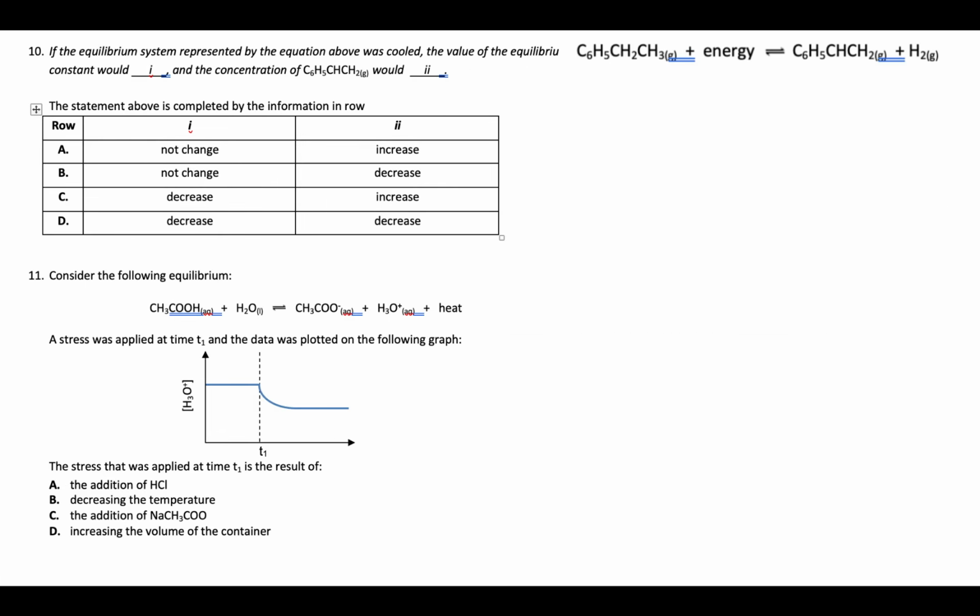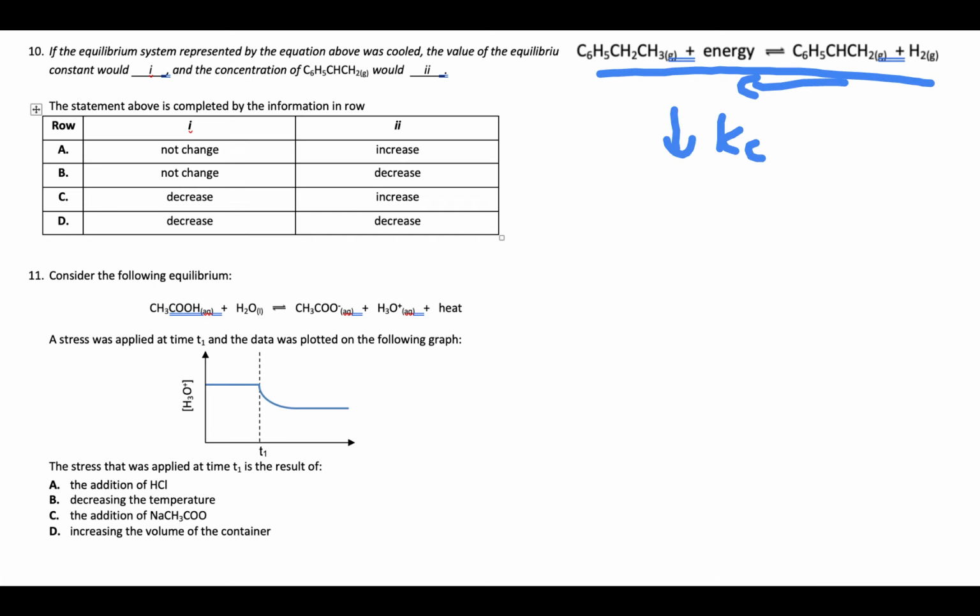Looking at number 10, it is a continuation question with that same reaction we were looking at. It asks, if you cooled the system, what would happen to the equilibrium constant? Cooling the system would have it shift to the left, making more reactants. The reminder is temperature is the only thing that can affect Kc. Any other shift would not change Kc, but because it's a temperature change, we are shifting towards reactants, and doing that would lower your Kc value.